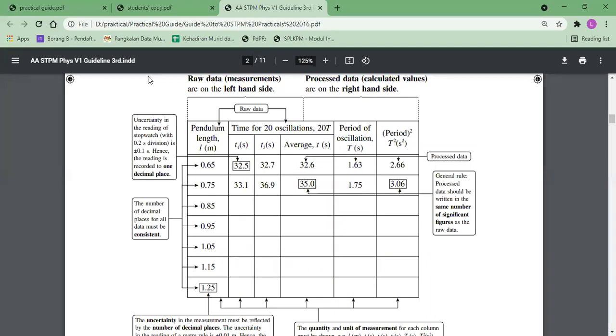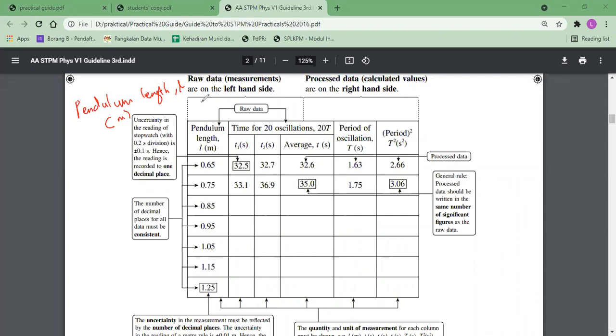Ladies and gentlemen, when I write this, mostly I recommend my students write like that. For example, I write at the side, pendulum length. The symbol I write beside it, and the unit I write like that.